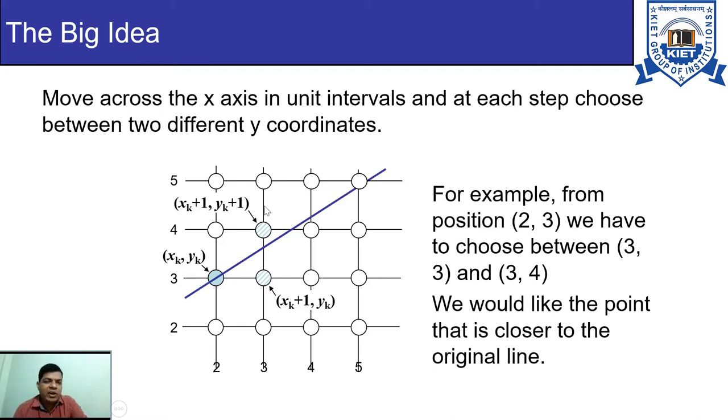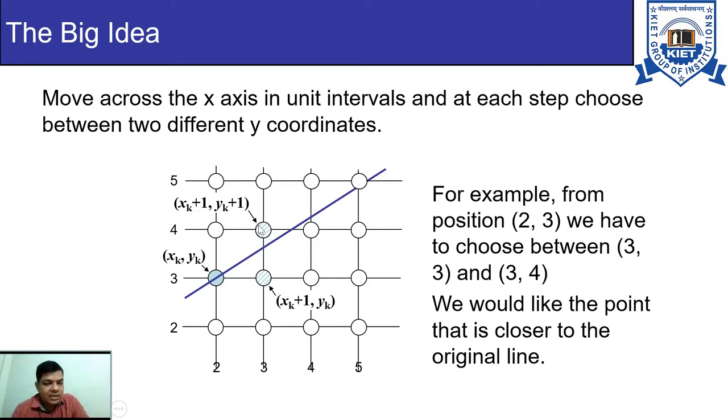Now what about the y value? We have two options: either I activate yk or I activate yk plus 1. So I have two pixels in this case. The first pixel is xk plus 1 comma yk, and the second pixel is xk plus 1 comma yk plus 1.